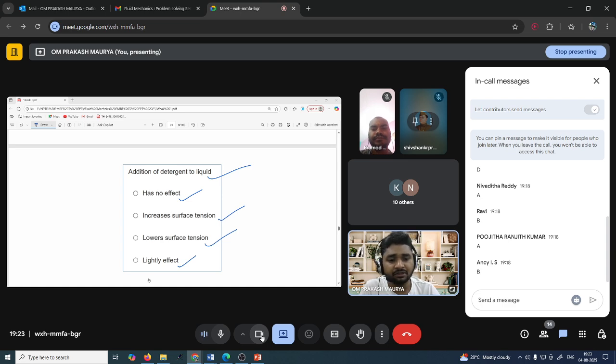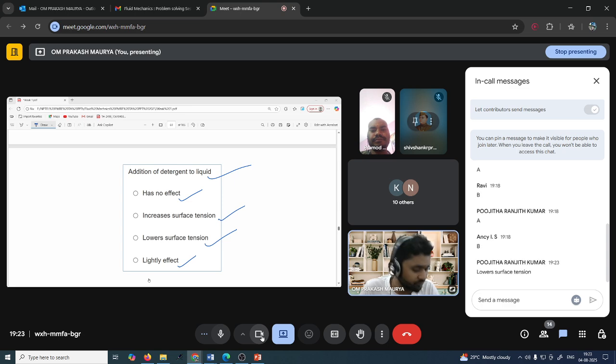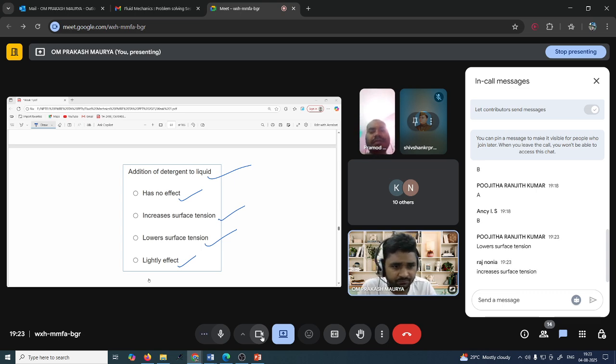For this question, I will discuss a little bit at the molecular level what surface tension is and how it will be affected. Before discussing that, okay, lower surface tension, another student is telling. Ranjit is telling increase surface tension. Pramod is telling increase and Raj is telling increase.